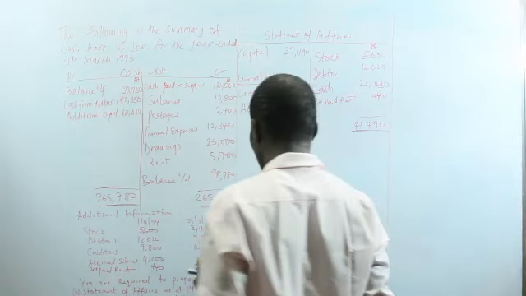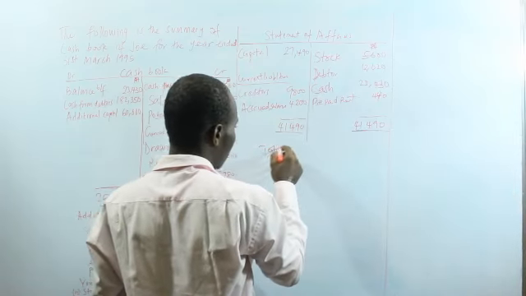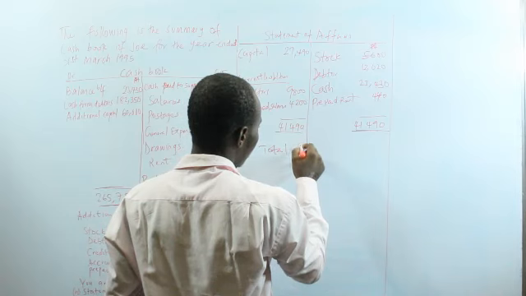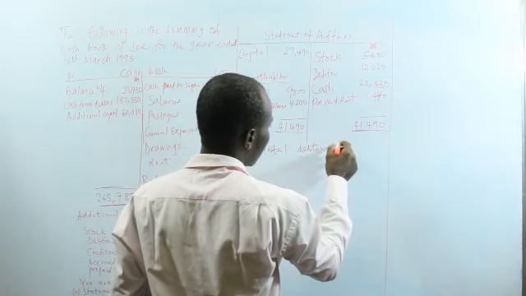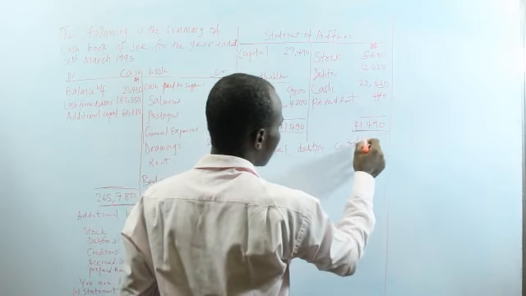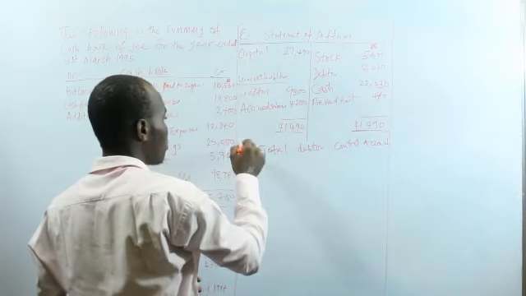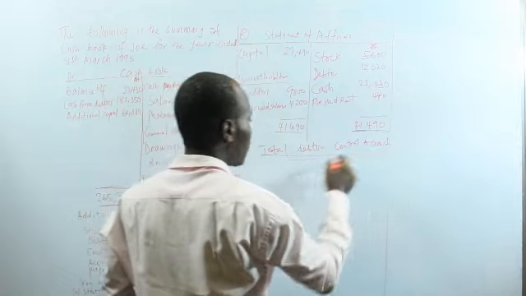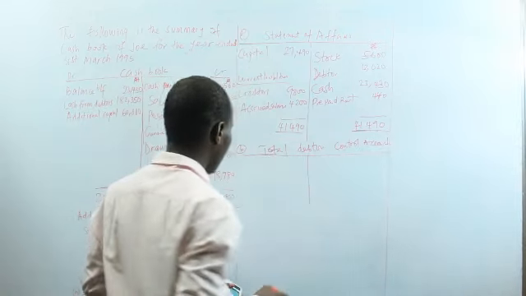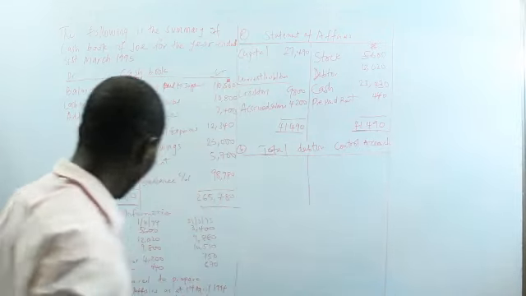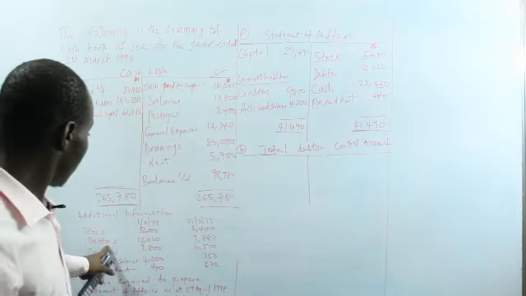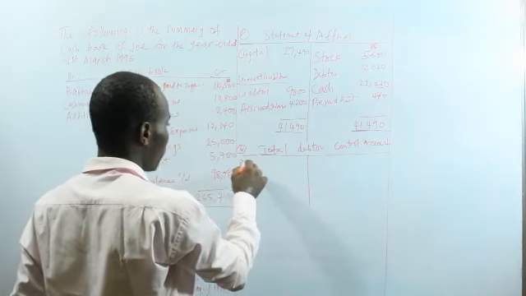Now the total debtors control account. We've done A. Now it's B. So we have the opening balance of debtors, which is 12,020, the balance brought forward.